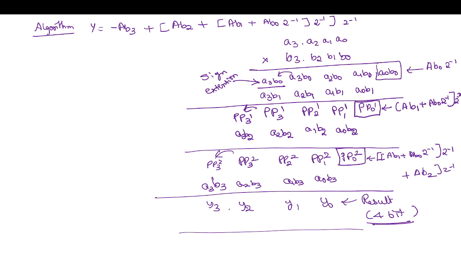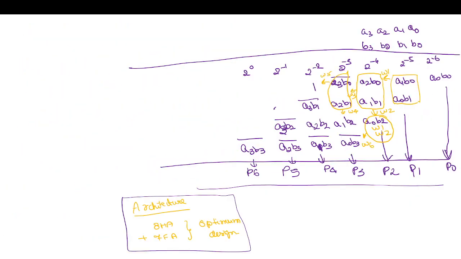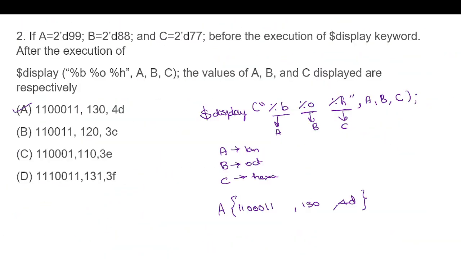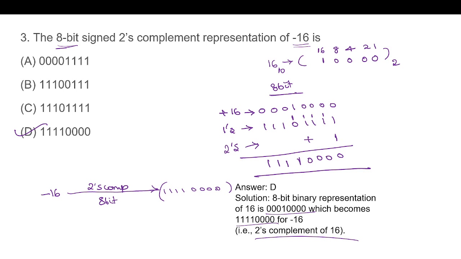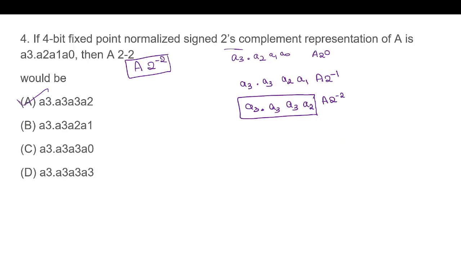For signed numbers, the last MSB bit will be sign extended. Okay, ma'am. So in the same way, here also the sign will be extended. If we again have to shift, say 3, then this A2 will also be shifted. It will be only A3.